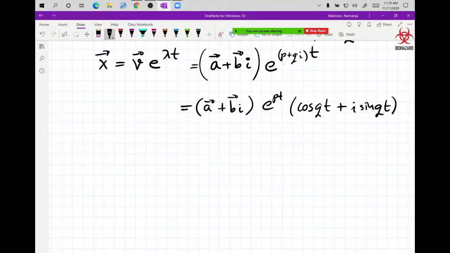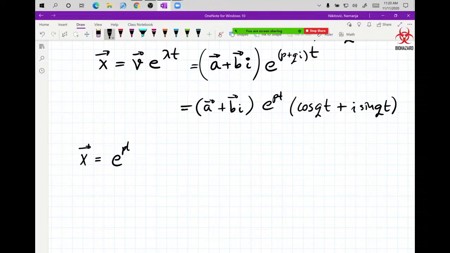And then we are separating these with the coefficients a and b. So the x solution, when you distribute the vector and everything, everything gets multiplied by e to the pt. That's given.